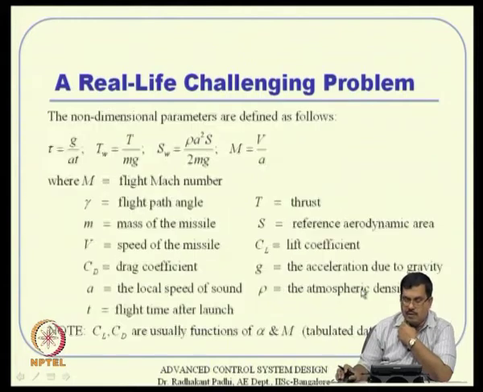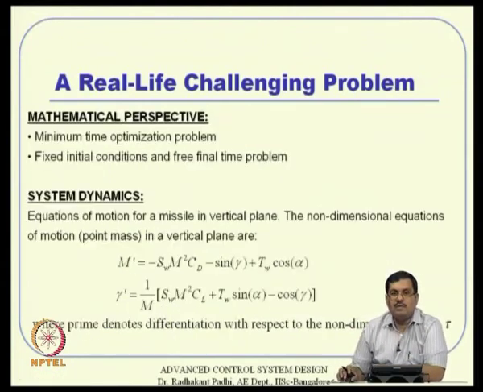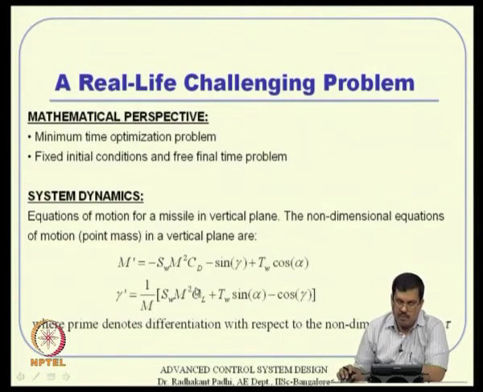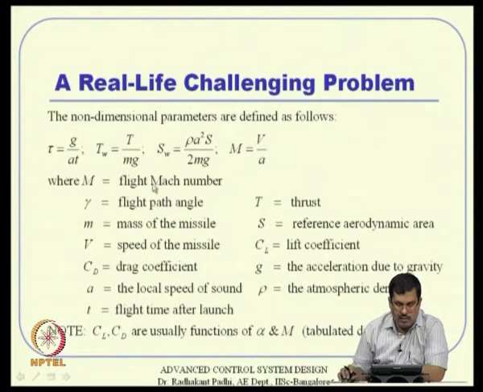Time is also non-dimensionalized. Typically, these non-dimensional things help us to write generic formulations, because this is not very specific to that particular missile anymore. All the variables that you see here are all generic non-dimensionalized quantities.